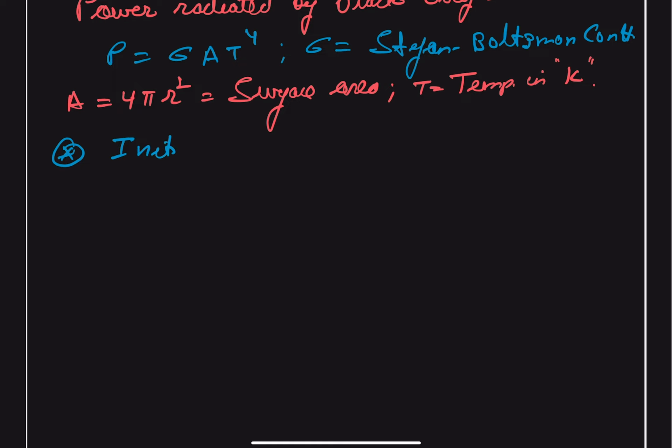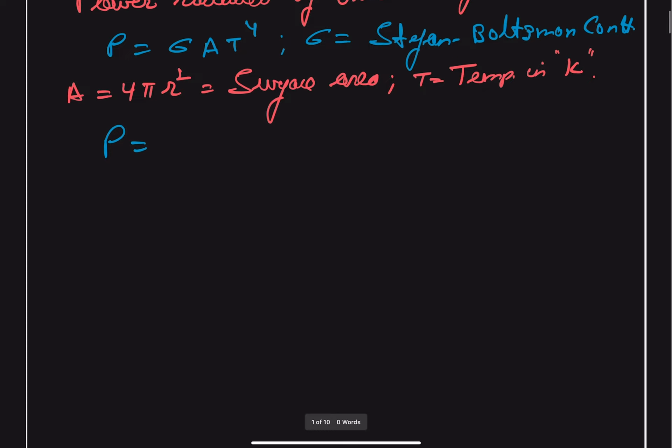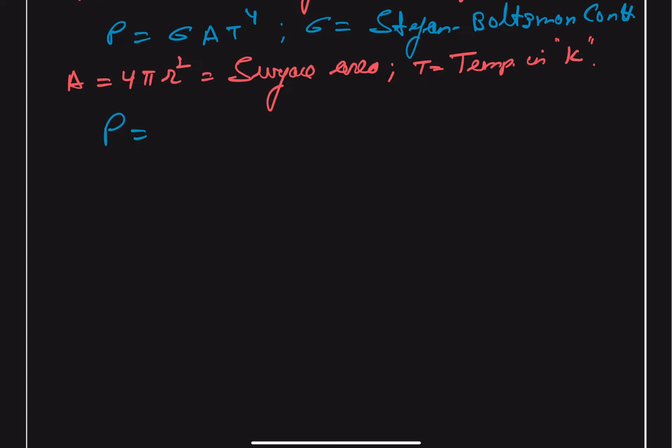From here we can write that the radiated power P will be equal to sigma pi r square and T raised to power 4. So we can say our power radiated is directly proportional to the square of the radius and the fourth power of the temperature. So we are going to use this equation.